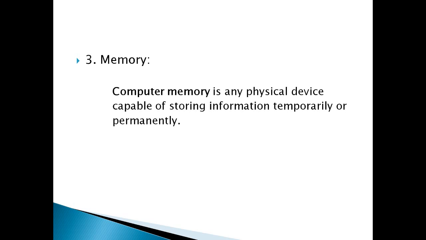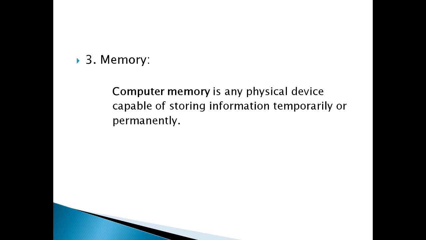The next main component of a computer system is called the memory. Computer memory is any physical device capable of storing information temporarily or permanently. There are many types of memory devices. They are basically temporary storage devices or permanent storage devices.